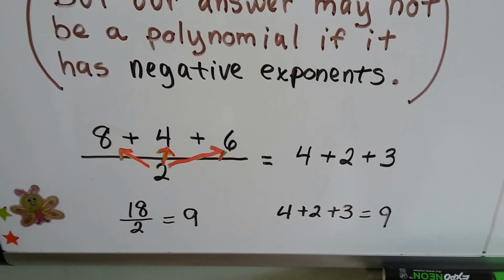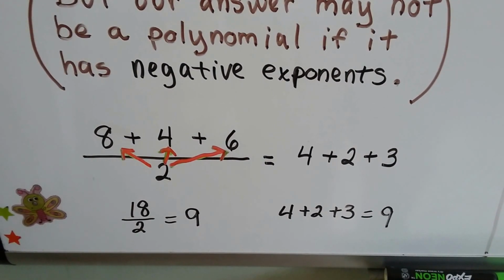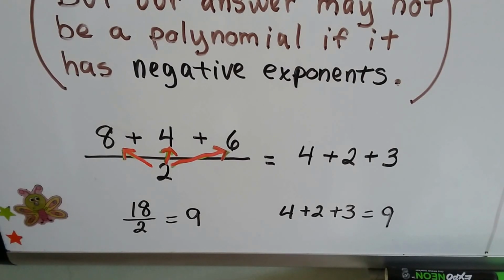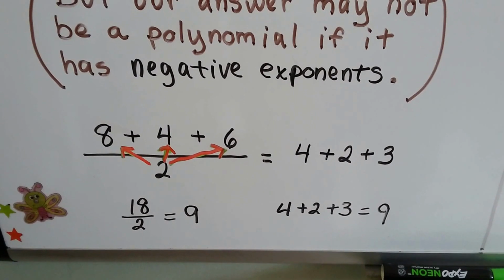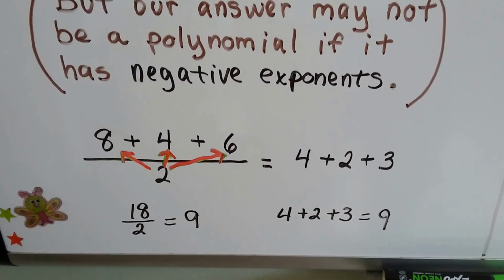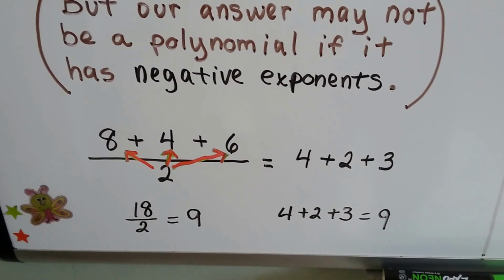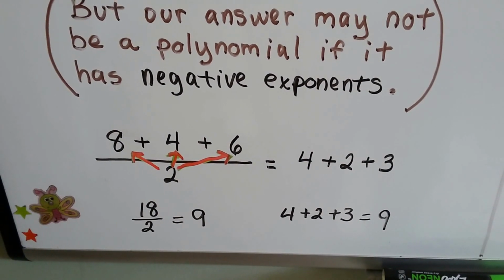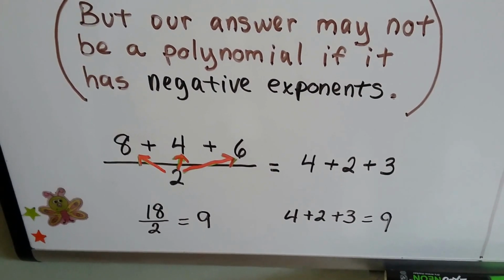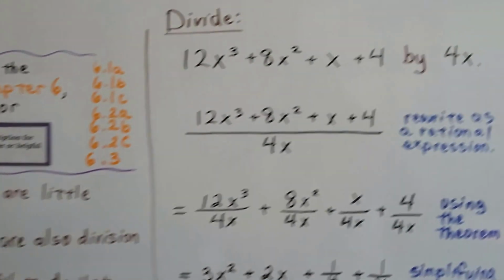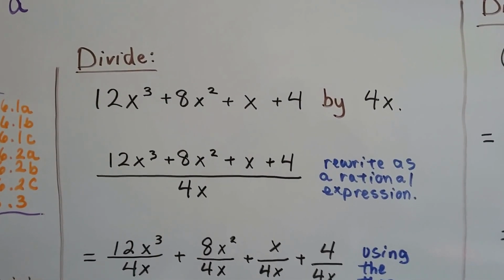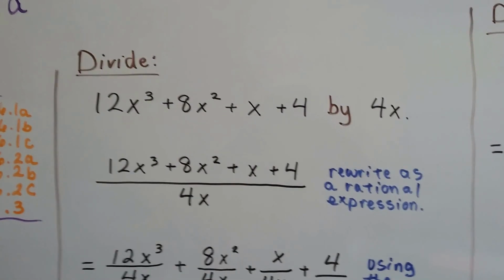We can also add the 8 plus 4 plus 6 and get an 18, divide that by 2 and it gets a 9, and you can see on the other side of the equal sign, the 4 plus 2 plus 3 equals 9. See? So we just divided each of the numerator's terms by that denominator term. See that? So that's what we're going to do, except we're going to do it algebraically with polynomials and a monomial.